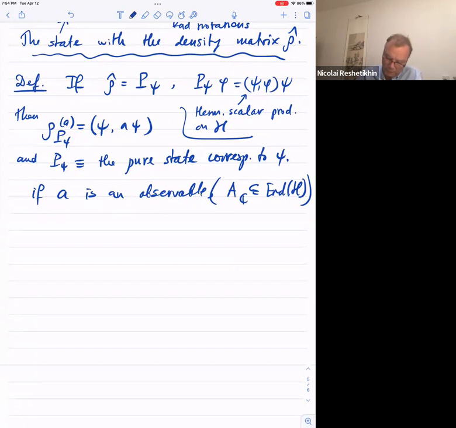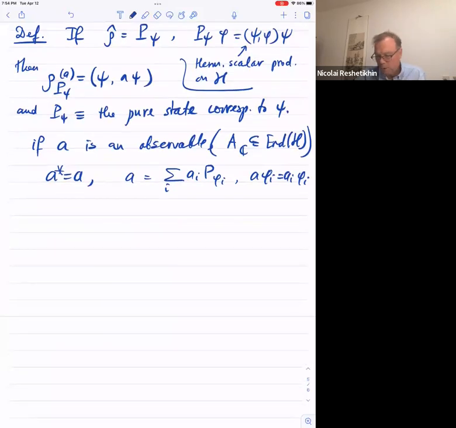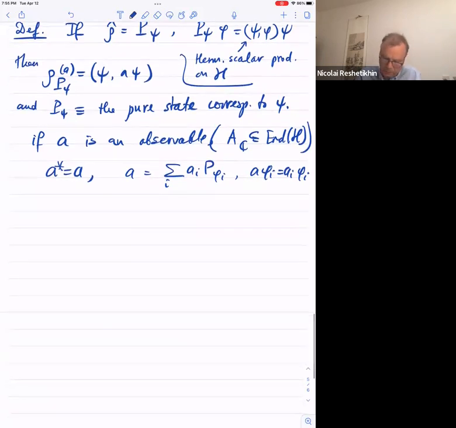Then A star equals A means Hermitian, so it has a spectral decomposition, with P phi i the orthogonal projection to an eigenstate phi i, so A phi i equals a i phi i. The spectrum can have multiplicities; then we just choose a basis in the eigensubspace.